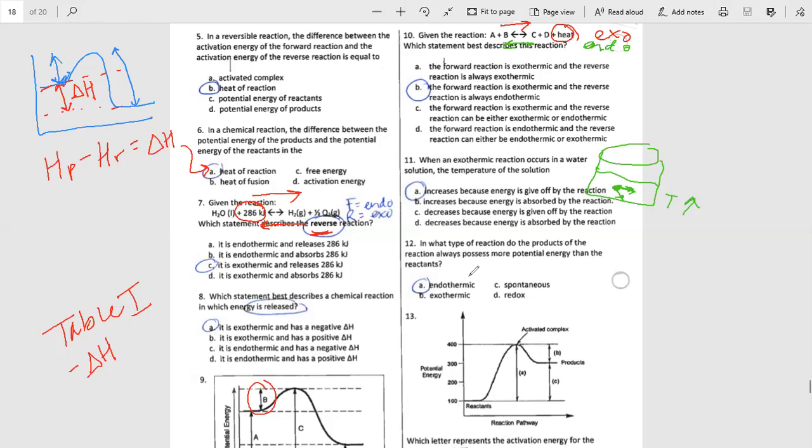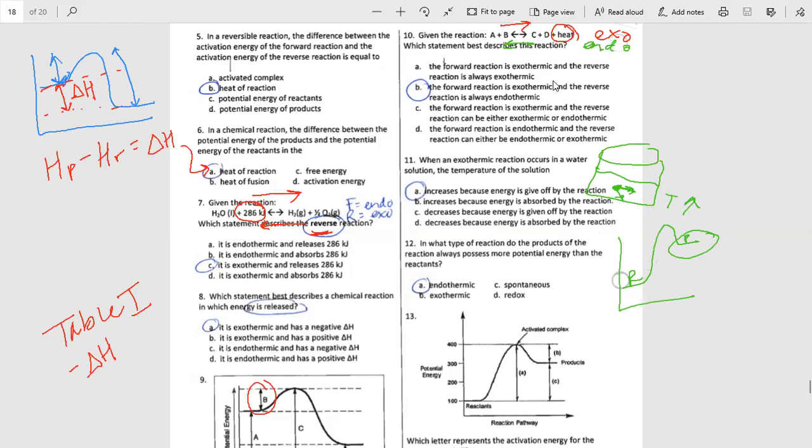Choice A. 12, in what type of reaction do the products of the reaction always possess more energy than the reactants? That is saying these have more energy because these are your products and these are your reactants.